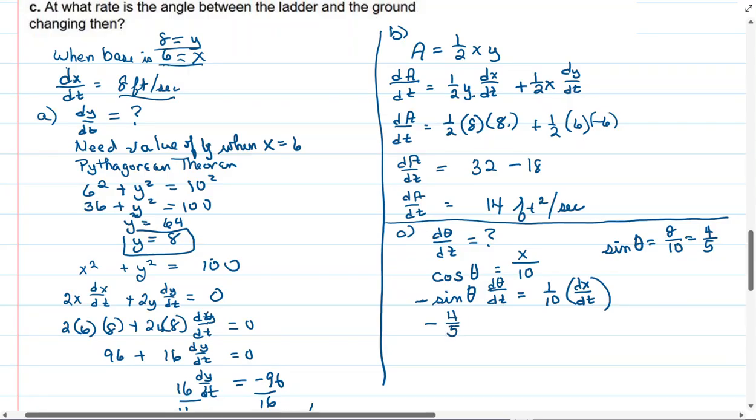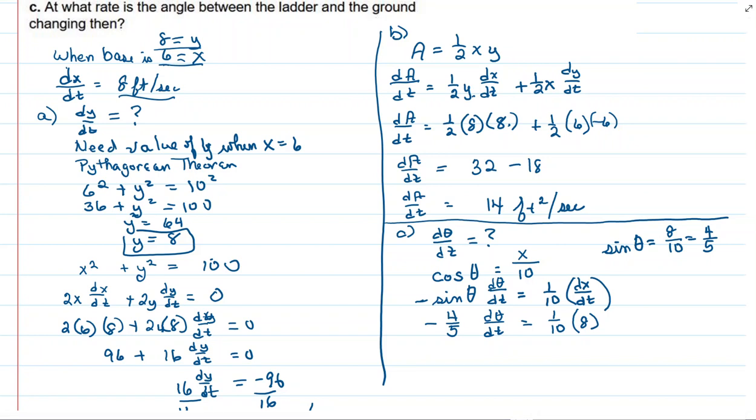So it's a negative 4/5 for sine. Okay, and then I have d theta over dt. On this one, I have the 1/10, and this guy is 8. Are we good? I'm making sure.